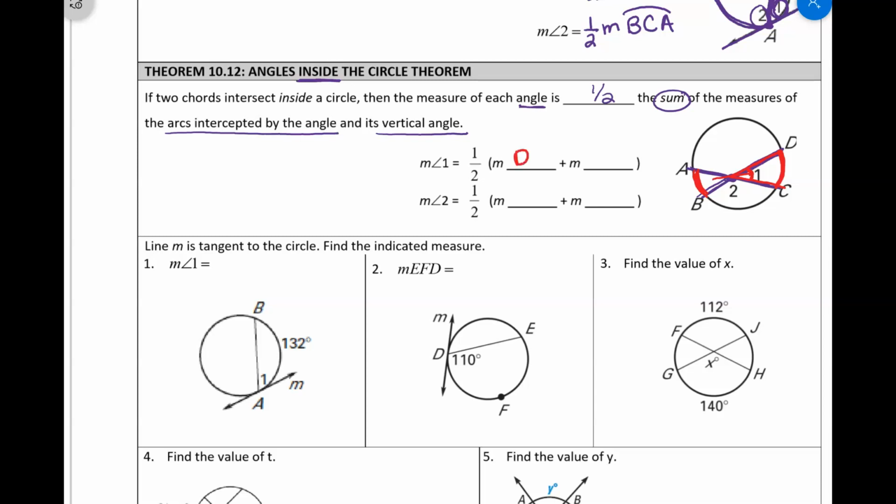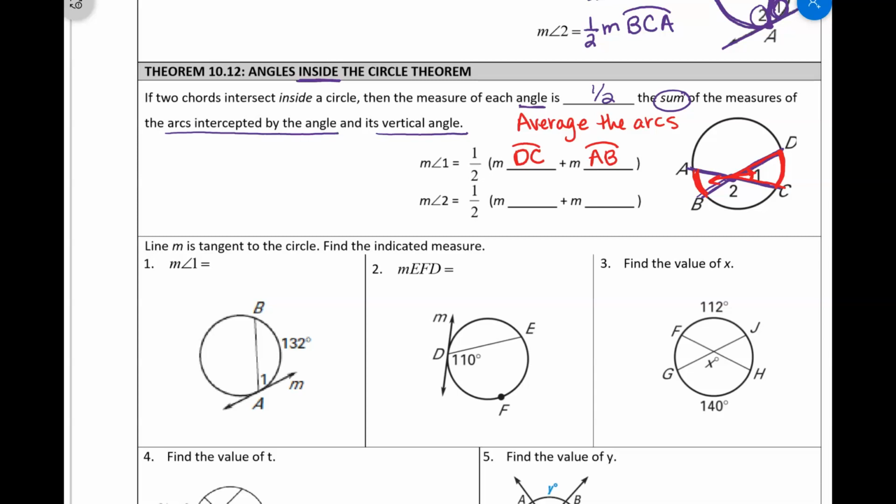So it's going to be the measure of arc DC added to the measure of arc AB, and you're going to add them up and take half of it. Now, I like to remember this one simply by an average. You average the arcs, and the arcs must be across from each other.